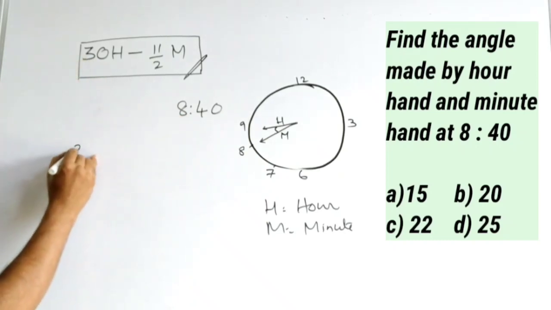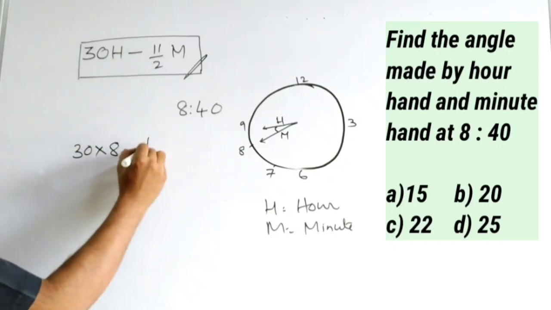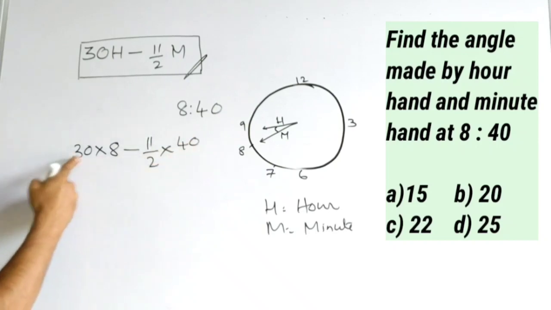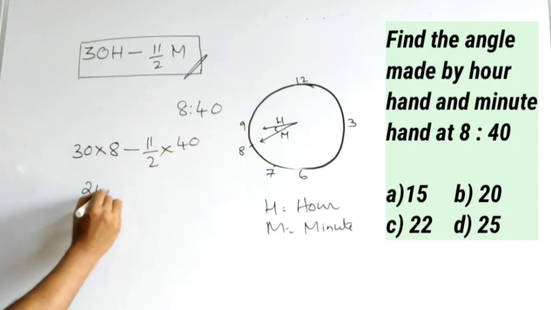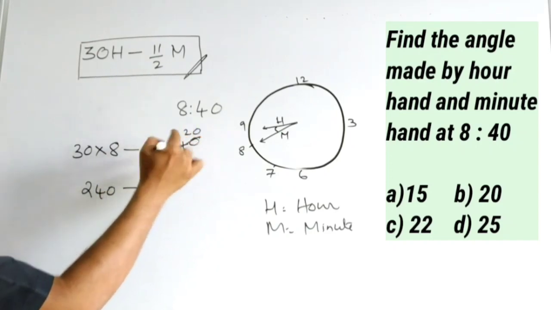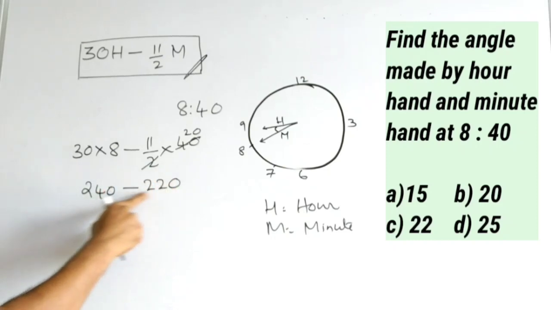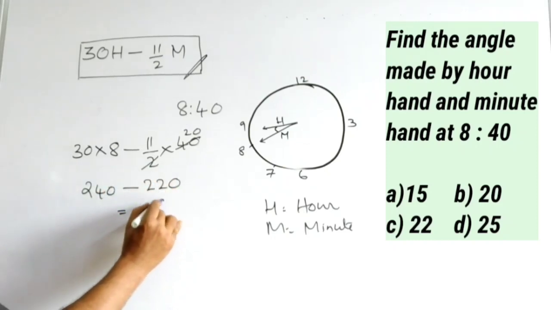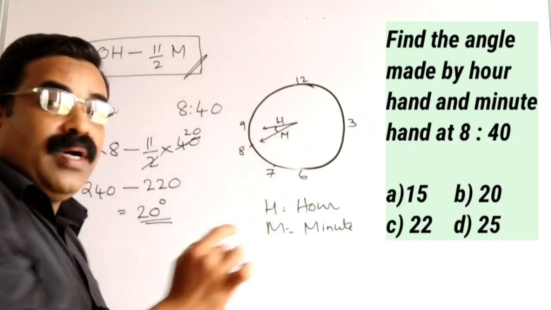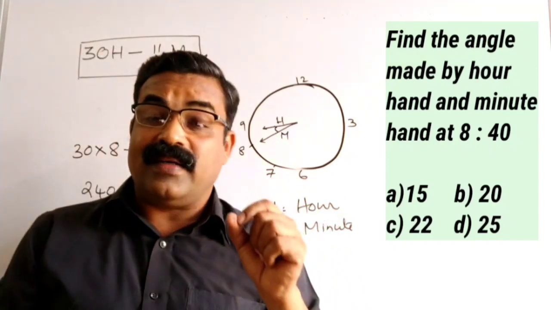So multiply that here. 30 into 8 minus 11 by 2 into minute, which is 40. 30 into 8, 3 8s are 24, 240 minus, cut this 2 and 40, 20 times. 20 into 11, 220. 240 minus 220. You got the answer? 20 degree. So 20 degree is the angle between these two hands, hour hand and minute hand. From the given options you can mark which is the correct answer.